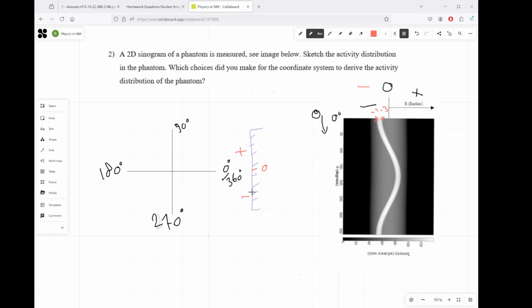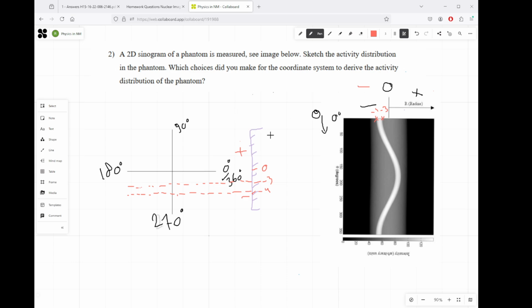I think -4 is roughly here, and let's say here is -3. So now we can draw in those parallel lines. Same thing over here. So now we know the object lies somewhere within these lines, but we need another part of the sinogram to reconstruct the image even better.